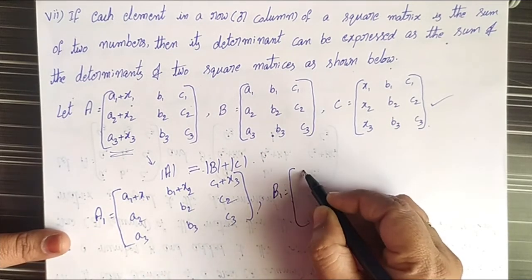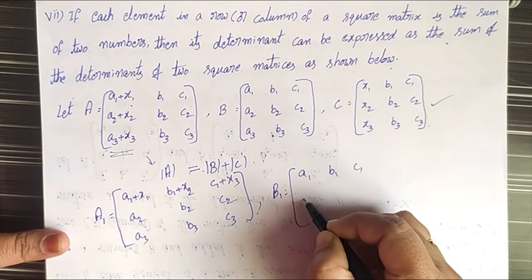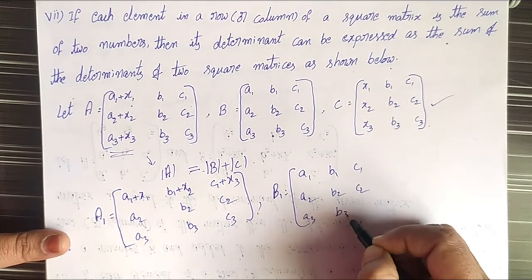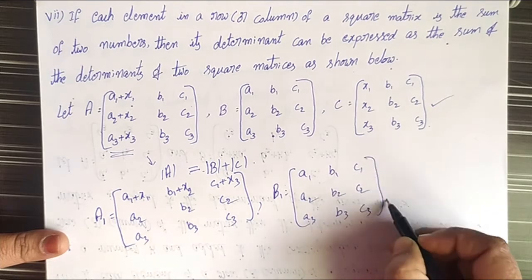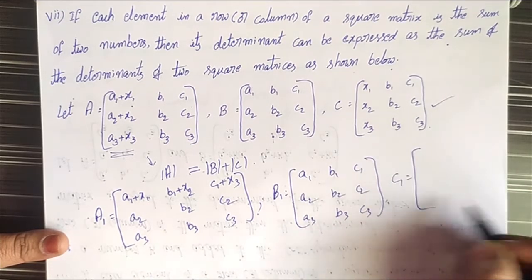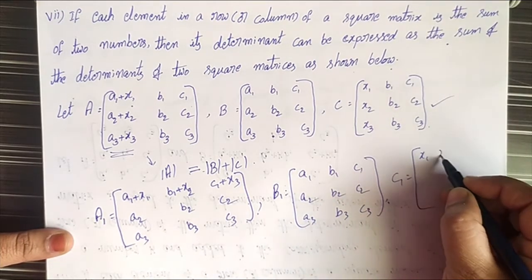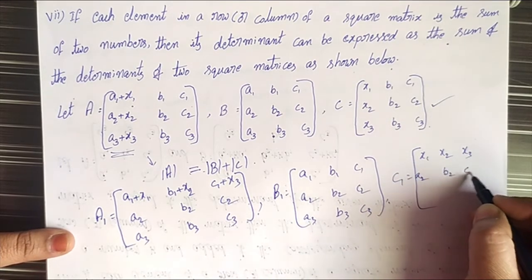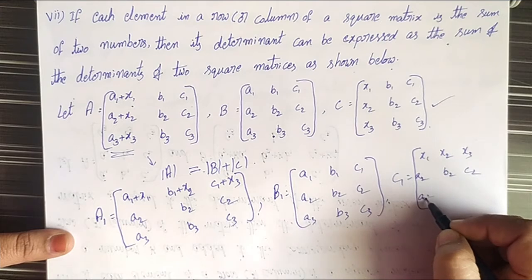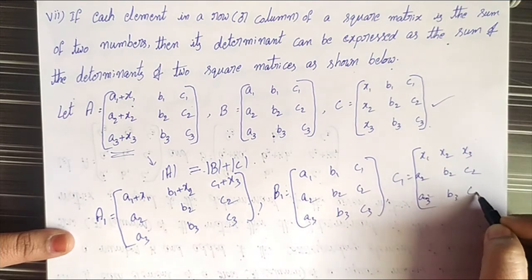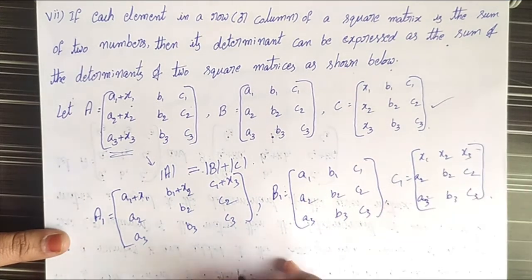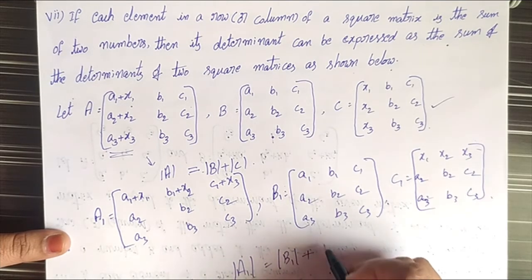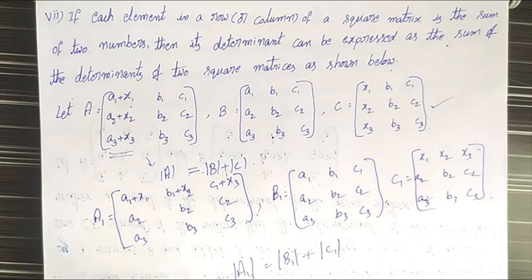The first is A1, B1, C1, A2, B2, C2, A3, B3, C3, and the second matrix is x1, B1, C1, x2, B2, C2, x3, B3, C3. Then determinant of A1 is equal to determinant of B1 plus determinant of C1.